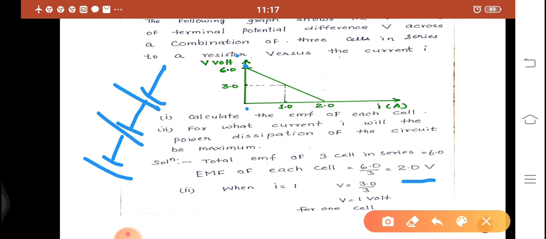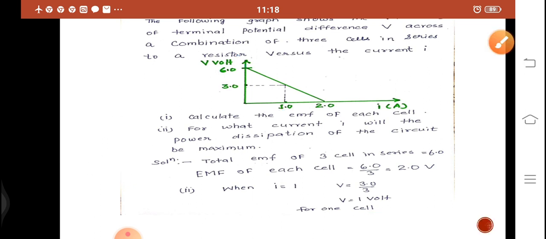So in series combination, we know the current remains same. Now if you take this particular point, here current is 1 and volt is 3, but this 3 volt is for 3 cells.